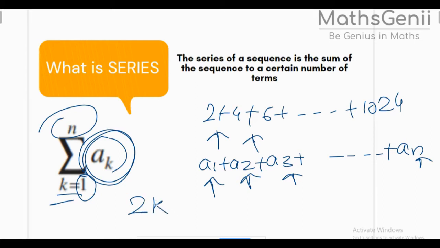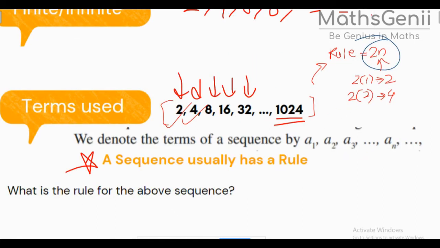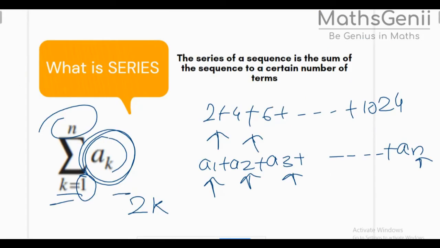Remember, 2k. In the last example, I had written 2n. So for this series particularly, what could be written is k equals 1 to n for 2k, and then you will get this expansion. So this is how a series is denoted. You have learned this in lower standards, but just a little revision.